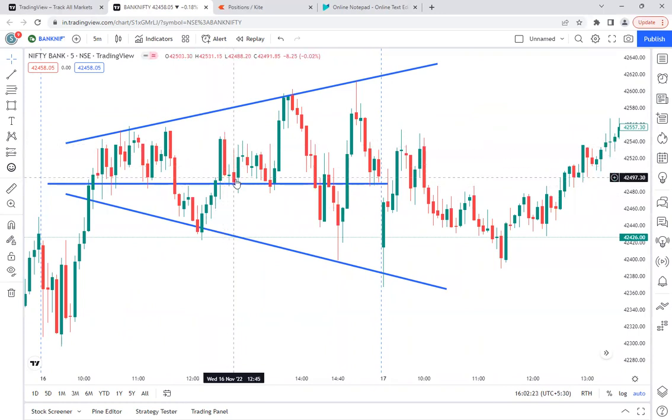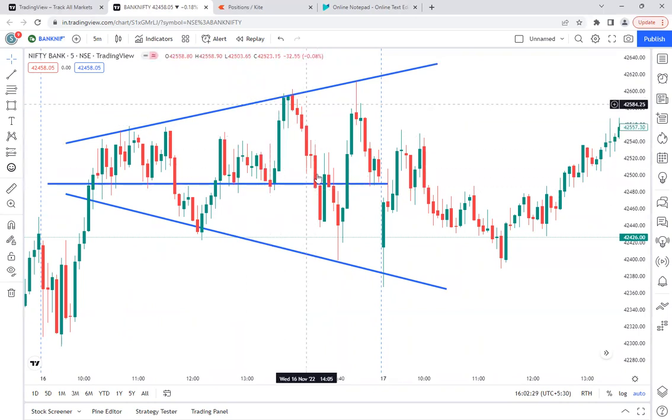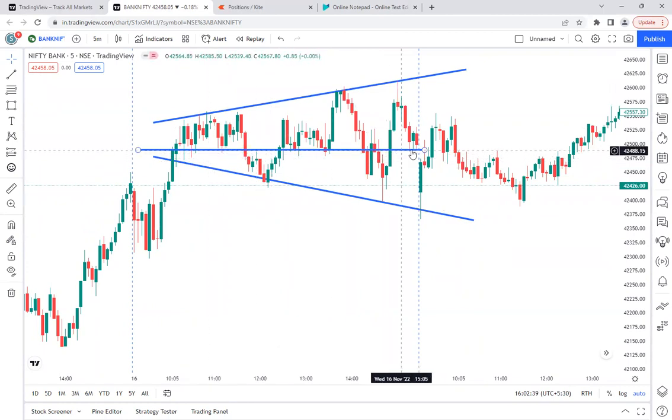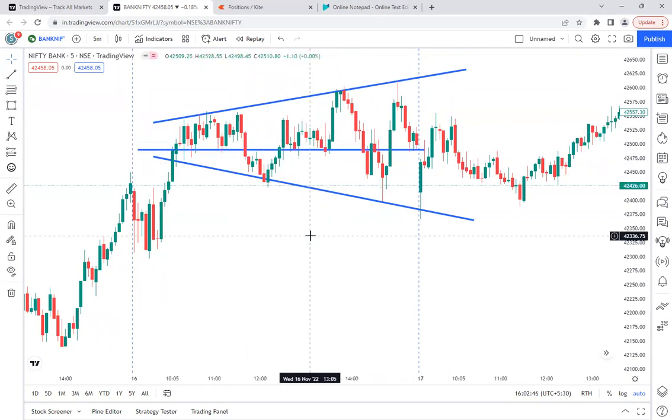Then they went above that level and started taking support at the same level, and they moved up. Again, when they fell down, they got rejection there. Again, they moved up. So this level was the support and resistance level that they made in yesterday's price action.